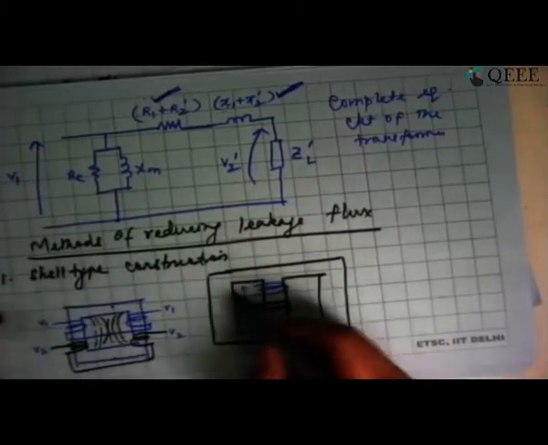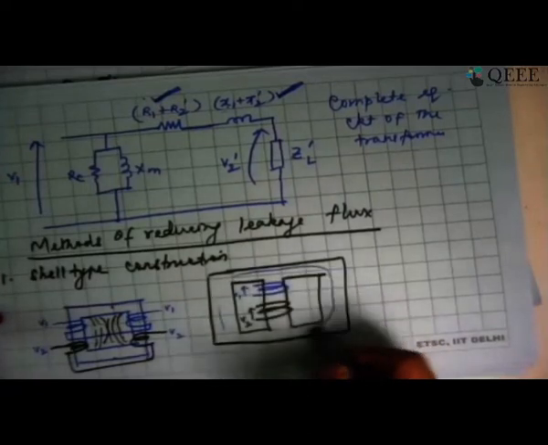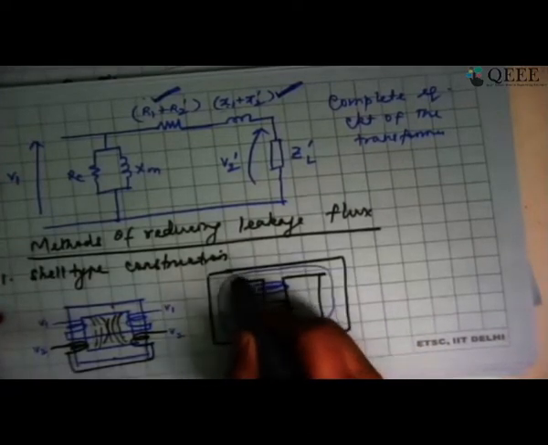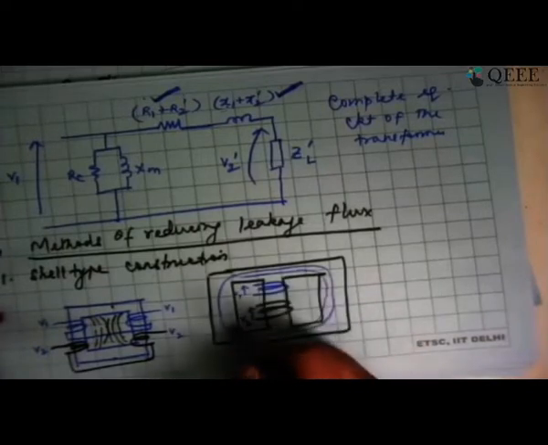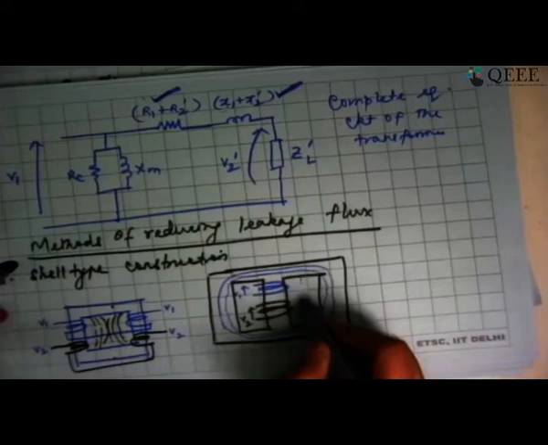But because everywhere it is surrounded by iron, most of the lines would confine themselves to the iron path only, because wherever it looks, very limited surrounding air is there. So shell type construction provides a large amount of iron path, and an air path is hardly ever available. That's the reason why it reduces the leakage flux. So this is one of the methods of reducing the leakage flux.